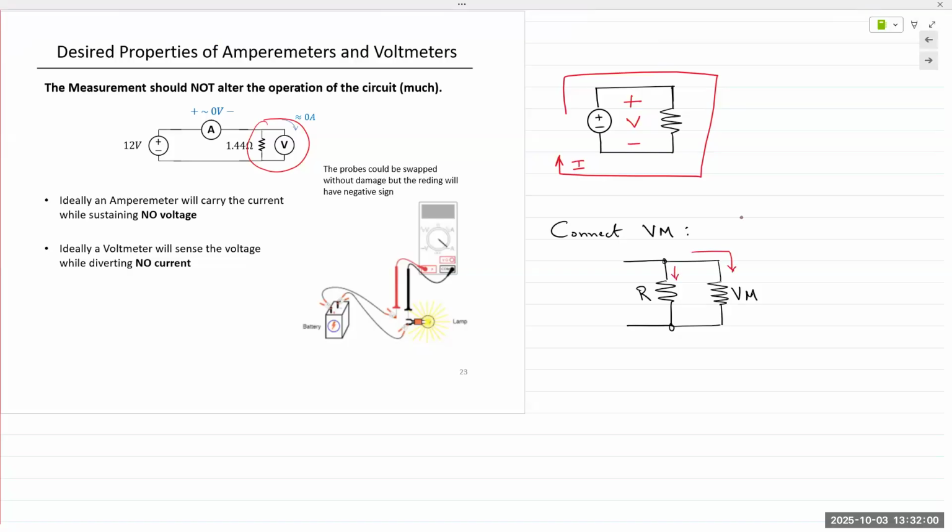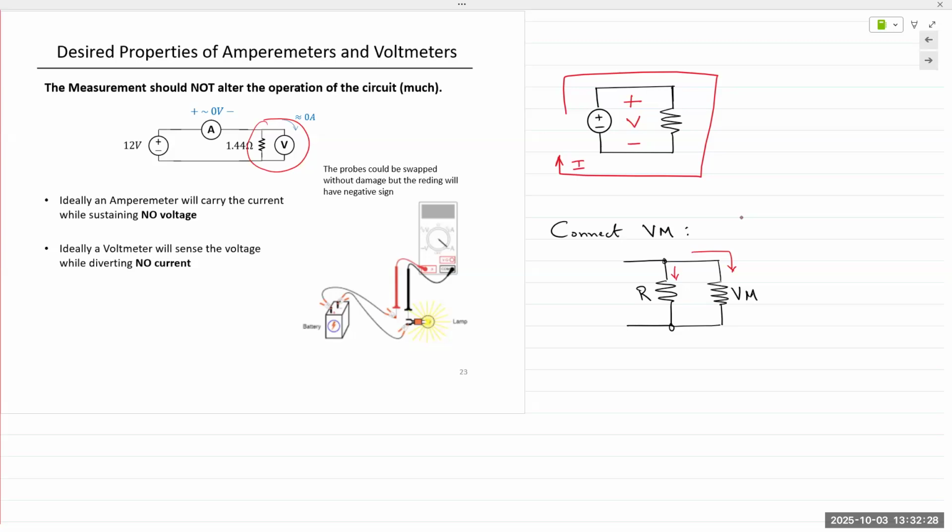If that happens, the current flowing through our resistance will be lowered, and because that's lower, it's going to be an incorrect voltage measurement. You're connecting a voltmeter in parallel to that load resistor, so if the voltmeter resistance is not high, then the voltage being measured would be incorrect.